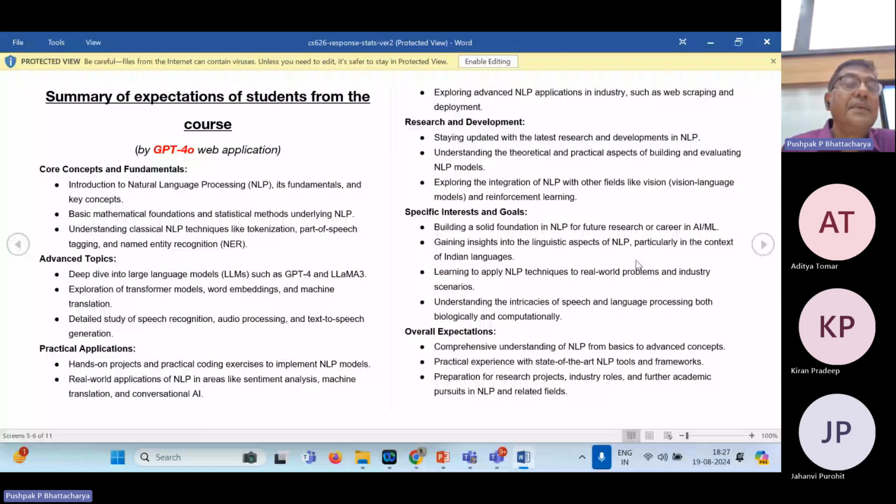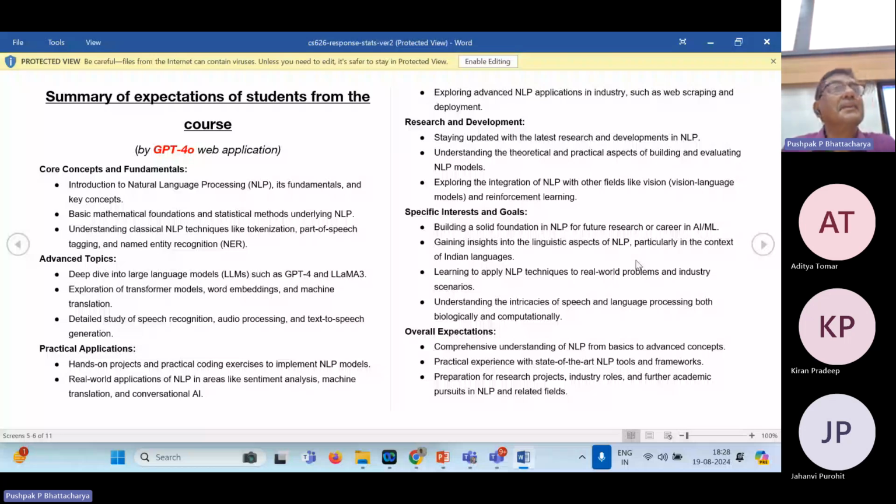For example, under core concepts and fundamentals, introduction to NLP, under key concepts, basic mathematical foundations and statistical methods underlying NLP, understanding classical NLP techniques like tokenization, part-of-speech tagging, and named entity recognition. This kind of hierarchical reporting was done by ChatGPT based on your response. But what is more interesting is this distribution of categories.